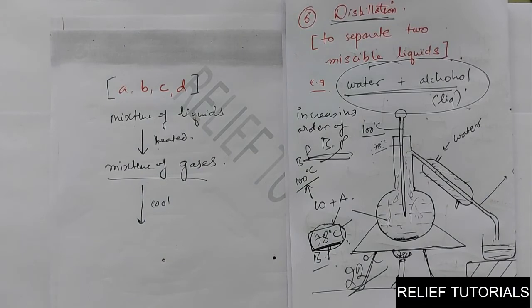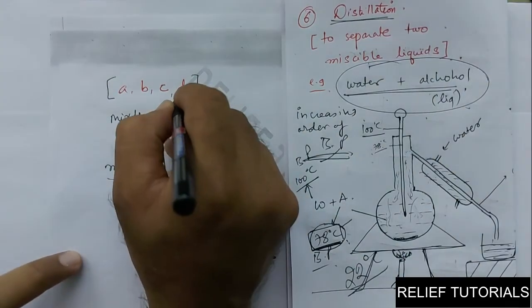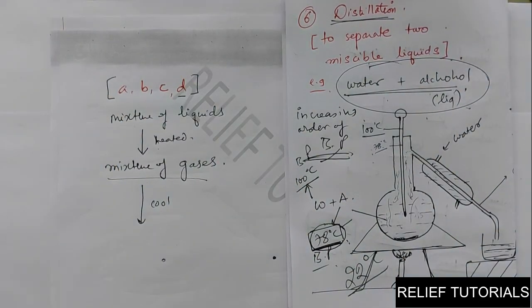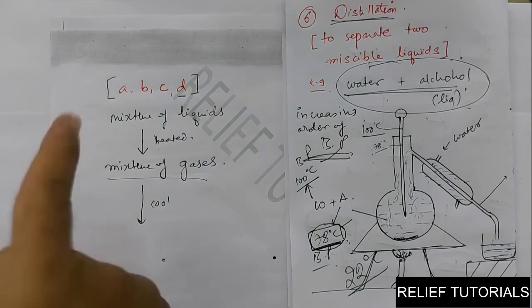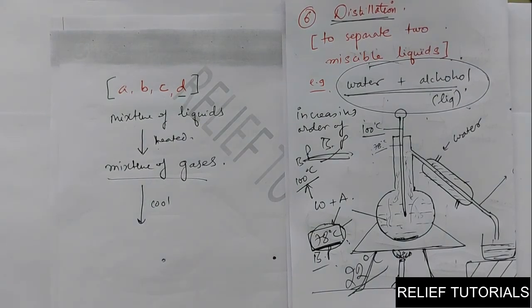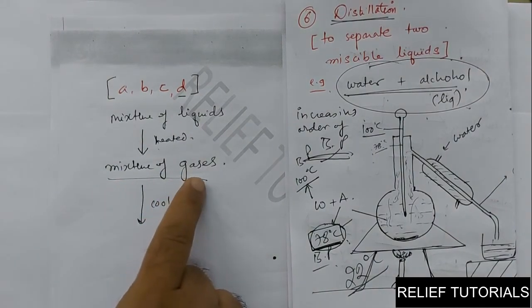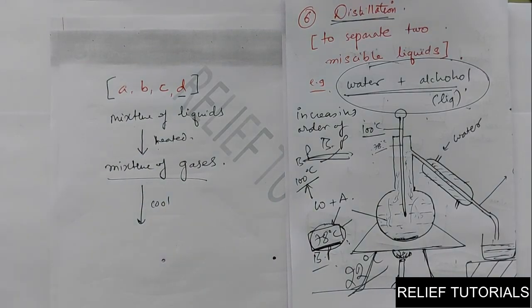But here what would happen? Here the reverse process is there. First of all, you are converting the whole mixture into gaseous state. Consider D has the highest boiling point, so until that temperature arrives, you have to heat that mixture. Then you can get the mixture of gases and then gradually you try to cool them.